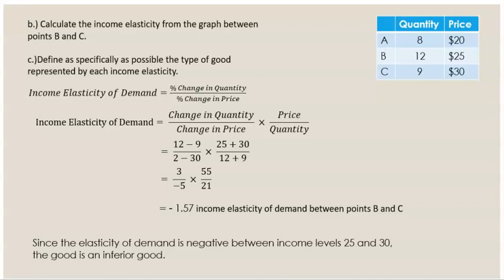Your answer would be negative 1.57 as the income elasticity of demand between points B and C. Since this number is negative, between price points 25 and 30, we would consider that good to be inferior because it is a negative number.